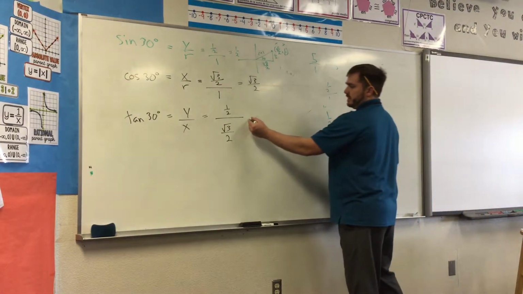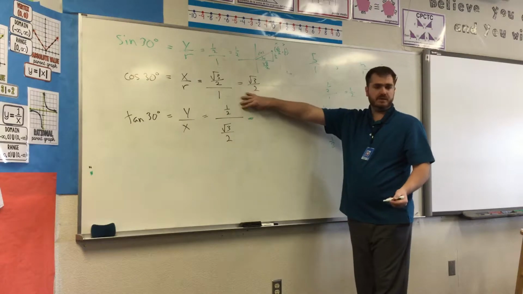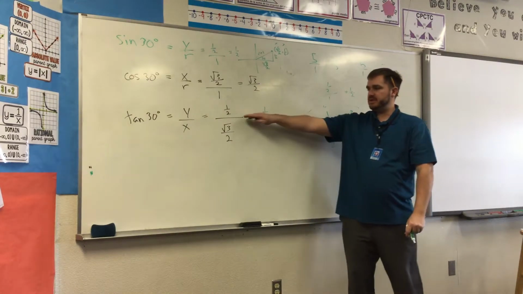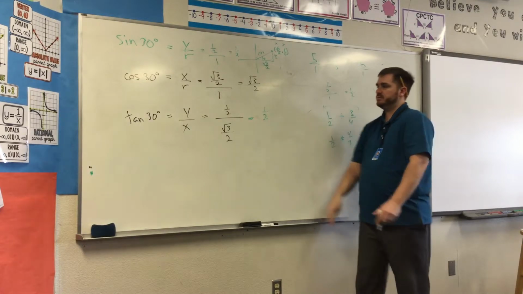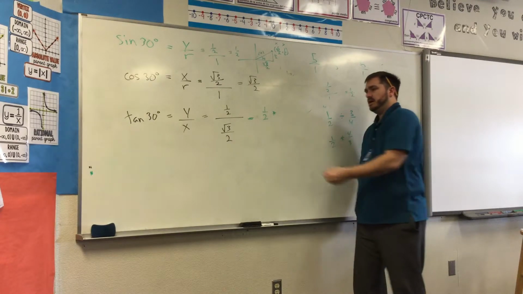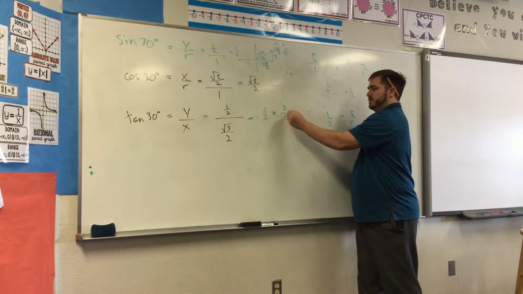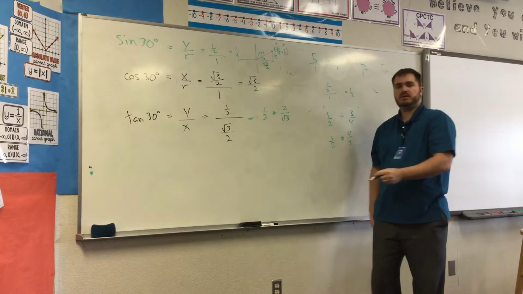That's what we're going to do over here. Keep the numerator as is, 1/2. But then instead of dividing by root 3 over 2, we're going to multiply, and then flip it: 2 over square root of 3.